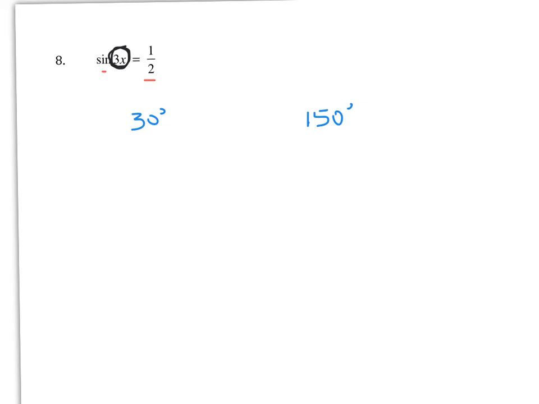If you recall, what we did yesterday was say that 3x is equal to 30 degrees plus 360k. Since I want to solve for x, I'm going to divide by 3, and if I divide the left side by 3, I have to divide the right side by 3. So x is equal to 10 degrees plus 120k.